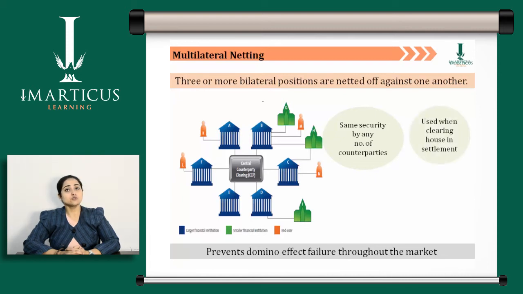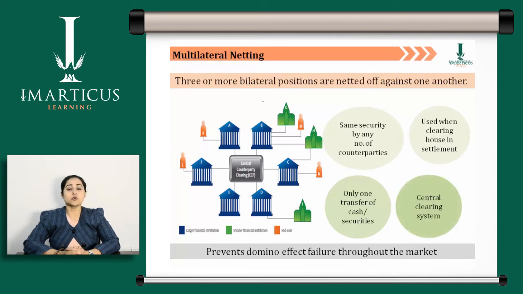It is generally used when there is a clearinghouse in the settlement process. This will result in each counterparty making only one transfer of cash or securities to the CCP. Thus, it would require a central clearing system to establish the cash and securities obligation of each counterparty, and to instruct respective settlement obligations to settlement agents and the central securities depository.